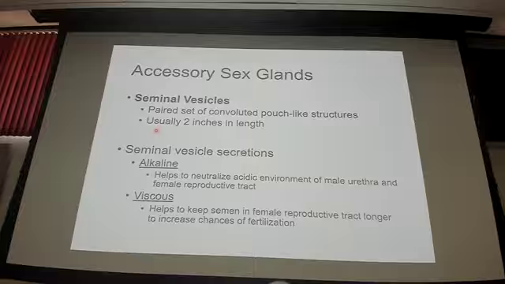But seminal vesicles, pouch-like structures right behind the bladder, all right, and alkaline. So why would we want seminal fluid, seminal plasma to be alkaline in general, you think? Because urine is acidic. Because of the remainder of the urine in the urethra, right? The urethra is a dual function tube. Most of the time it's passing urine. Urine is noxious and usually slightly acidic or very acidic depending on the patient.